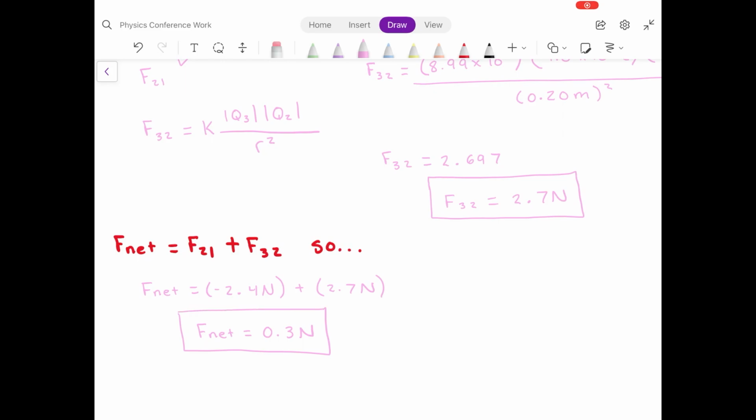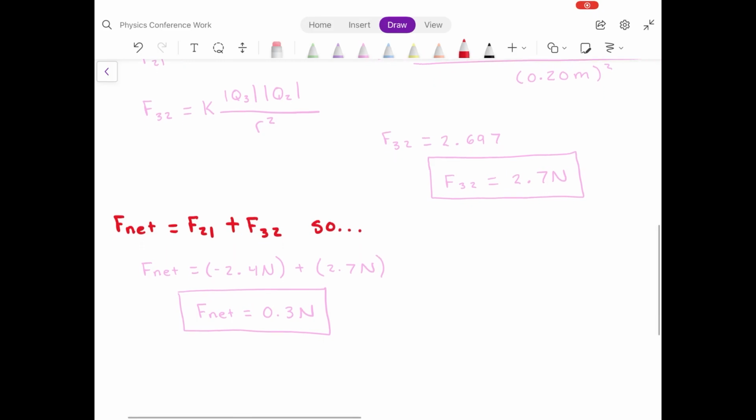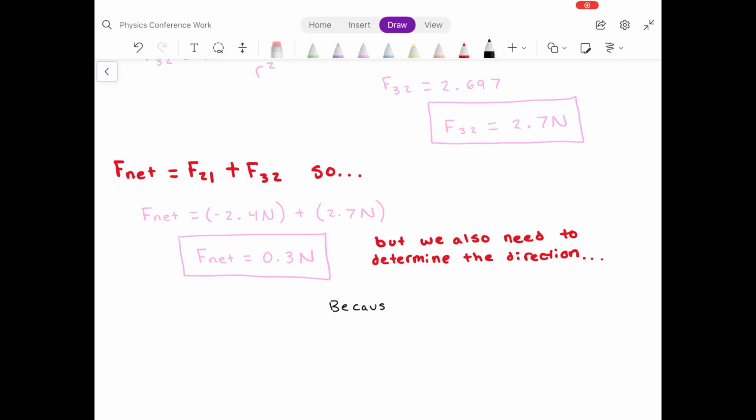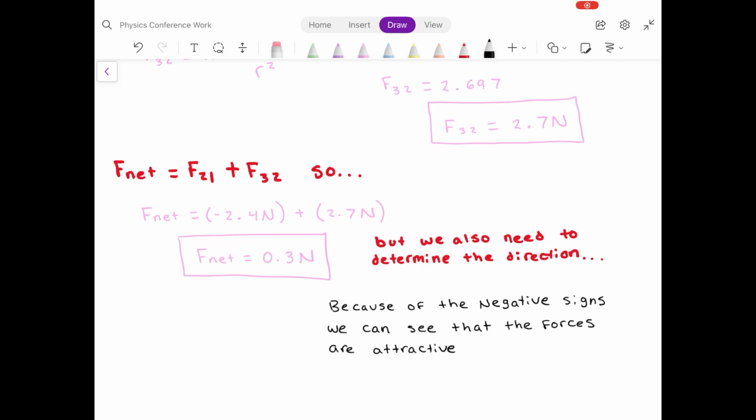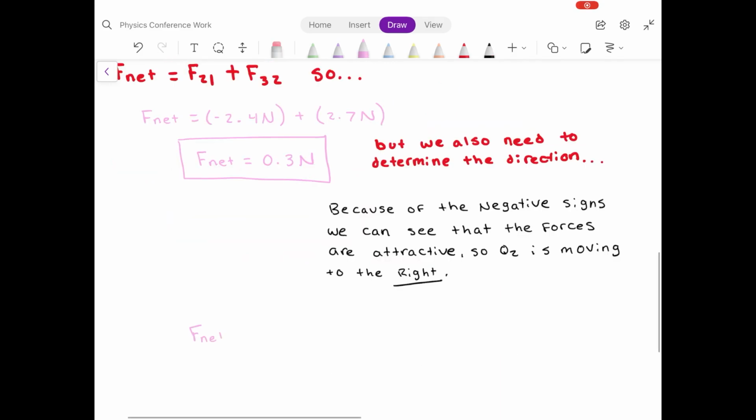So our net force is equal to 0.3 newtons. But we also need to determine the direction. Because of the negative signs, we can see that the forces are attractive, so Q2 is moving to the right. So our answer ends up being F net equals 0.3 newtons to the right. And that, my friends, is our final answer.